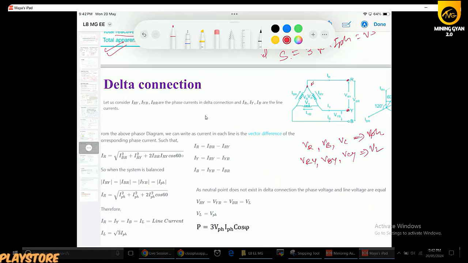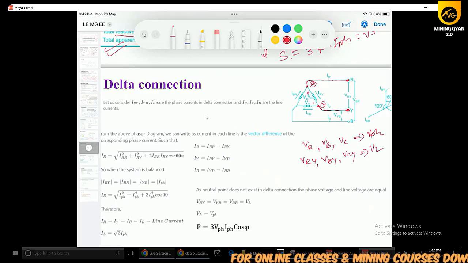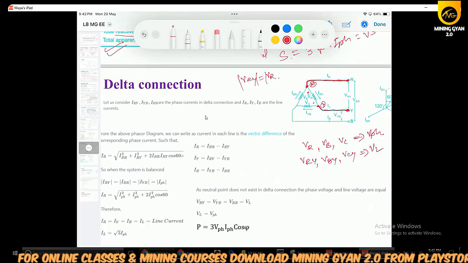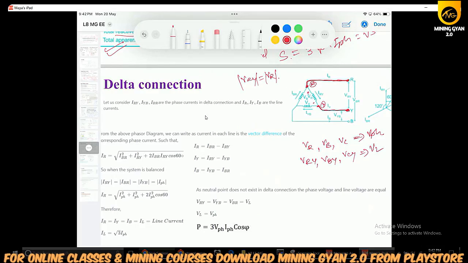This is your R node and this is your Y node. This is VR, and as you can see, these two terminals are directly connected, meaning there is no element connected between them. So obviously VRY equals VR only, meaning the magnitude of VRY equals the magnitude of VR, so phase voltage equals line voltage in the case of a delta connection.